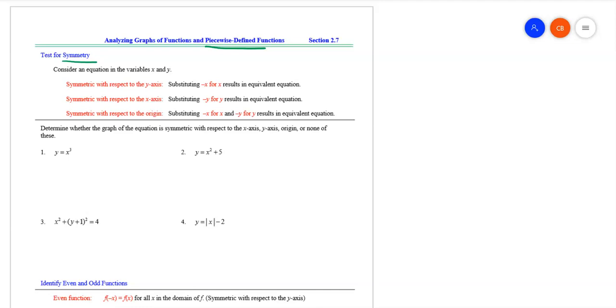The first kind of symmetry that we'll talk about will be important for the idea of functions. Here we're not talking about functions necessarily, just graphs, and we understand from our discussion of graphs previously that it's not necessary for a graph to actually be a function, because of the vertical line test.